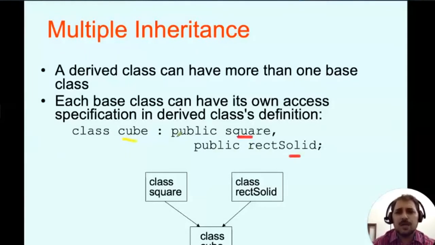Both are derived publicly. The diagram shows class cube derived from this one and also from this one. So the class cube has two base classes, therefore it is called multiple inheritance.